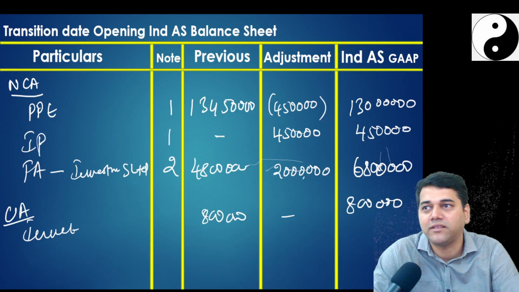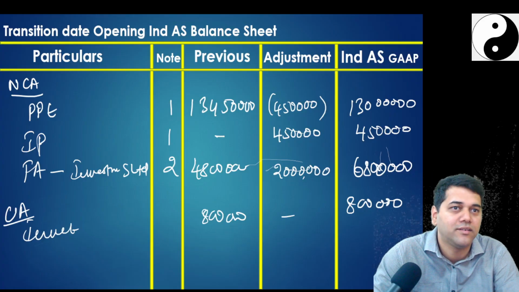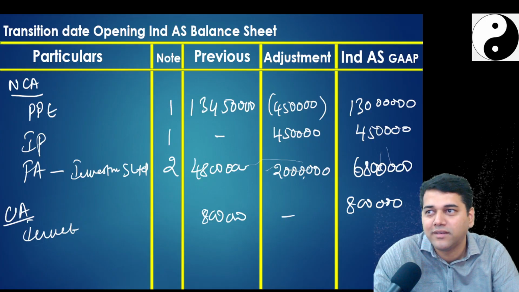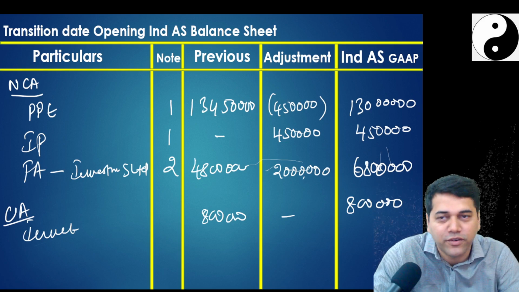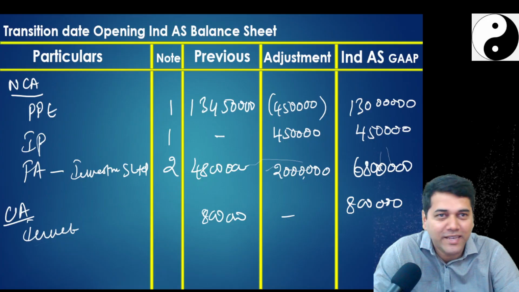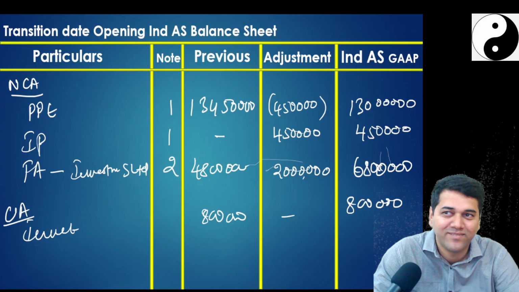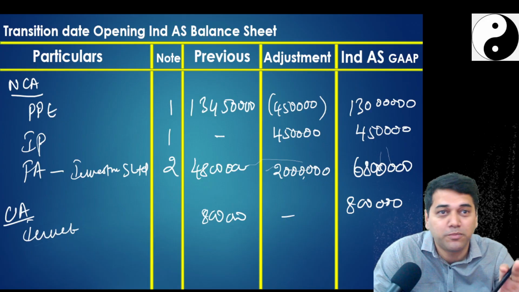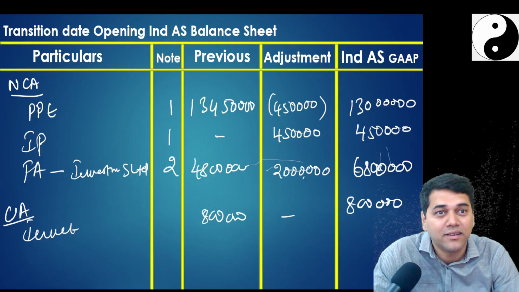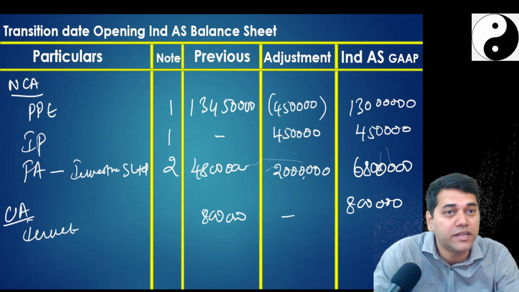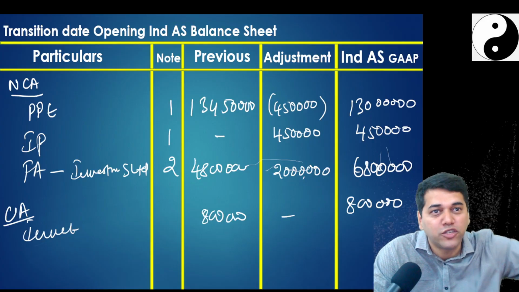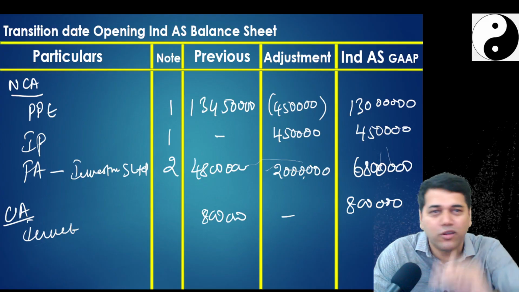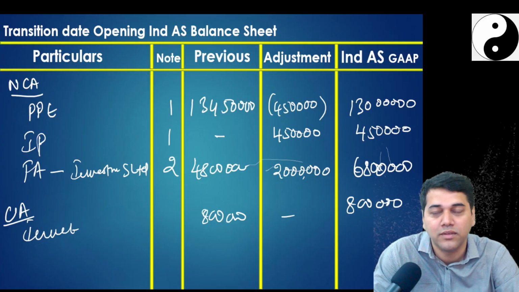Some adjustments and differences are there. Have you come across any exam question on differences between AS 2 and Ind AS 2? There was one theory question on spare parts, insurance spare parts, how do you treat them, with three points. What are all the differences between AS 2 and Ind AS 2?